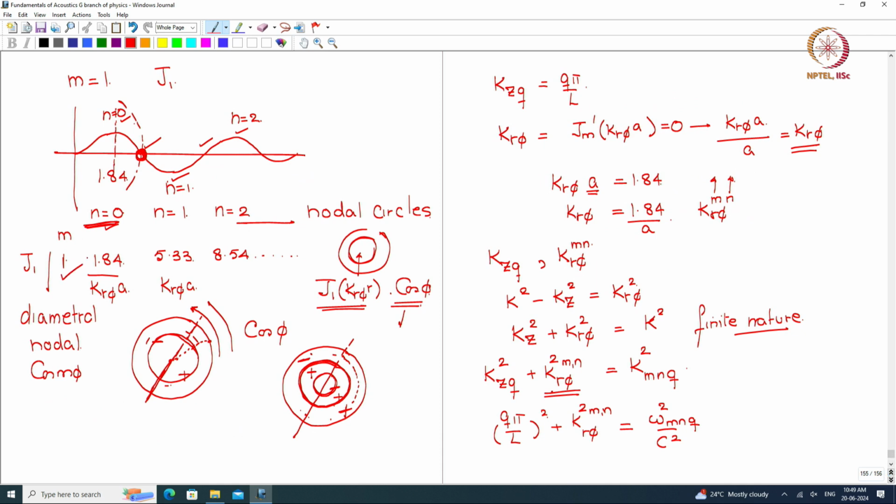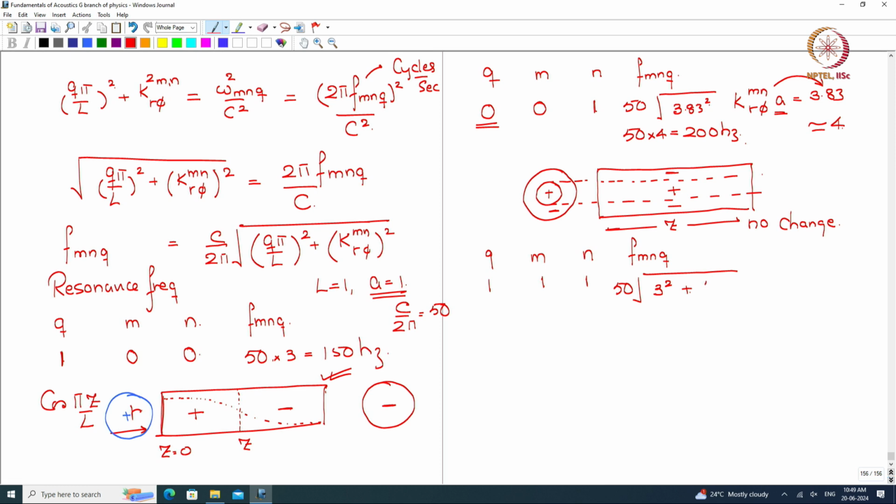M equal to 1, N equal to 1 is 5.33. So I have a 5.33 squared. Okay, this is let us say about 9, this is 25, 26, let us say 27 approximately. Then sum of this is 36, root 36 is 6. So I have 50 into 6, that is about 300 hertz.